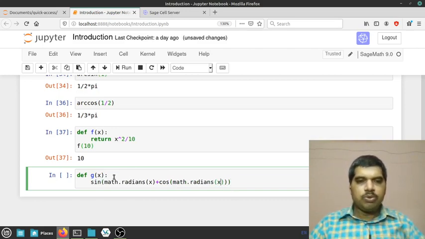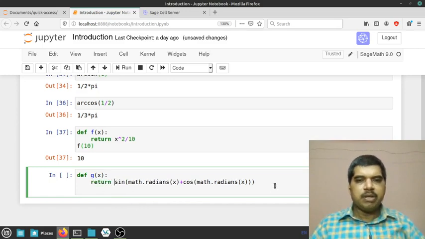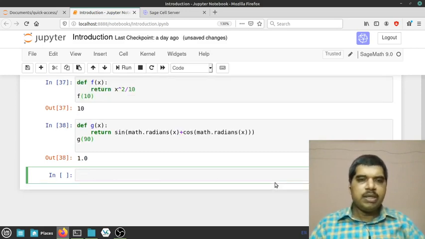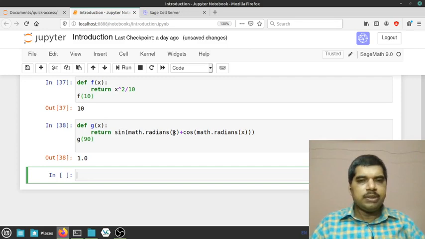We have to return this, and one space is required here. Now press enter. Now what is g of 90? g of 90 is equal to 1, because sine 90 is 1 and cos 90 is 0. So we can define our own functions in this way.